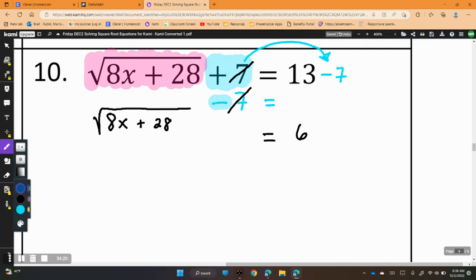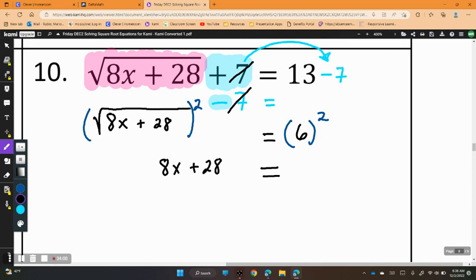Okay, now on this side, I can raise both sides to the power of 2. What I'm going to have is 8x plus 28. And over here, I'm going to have 36.